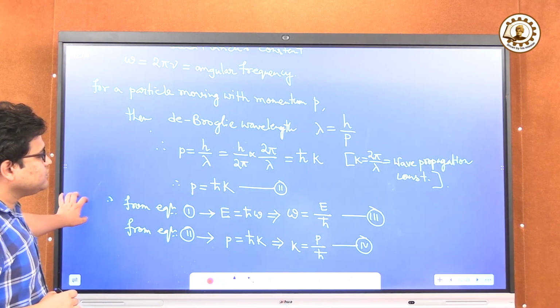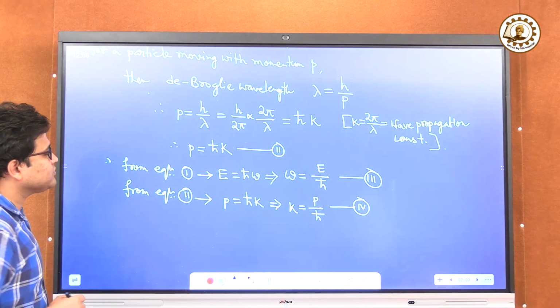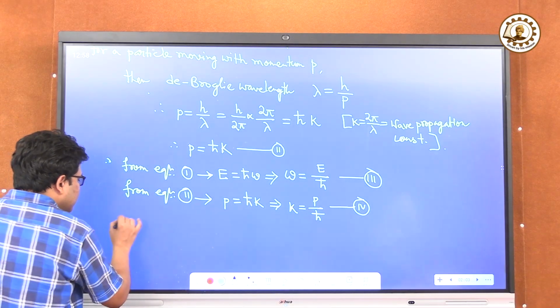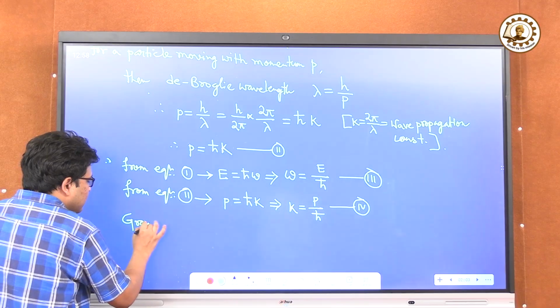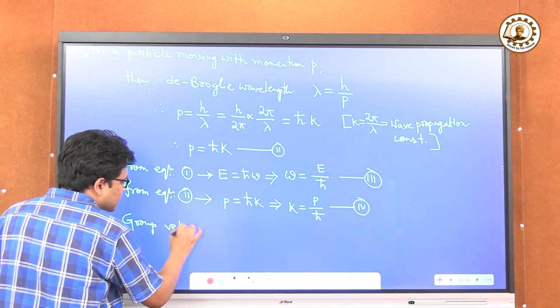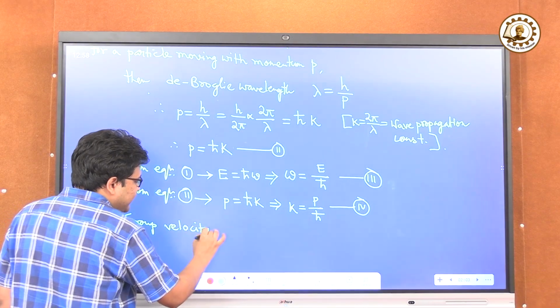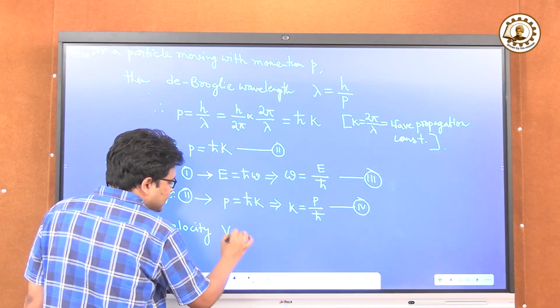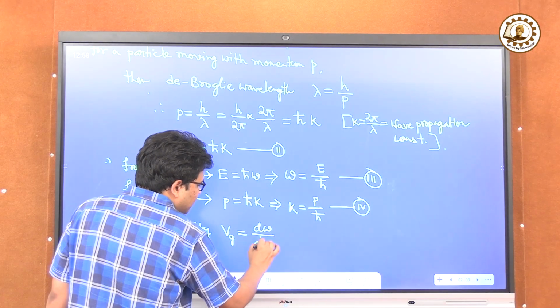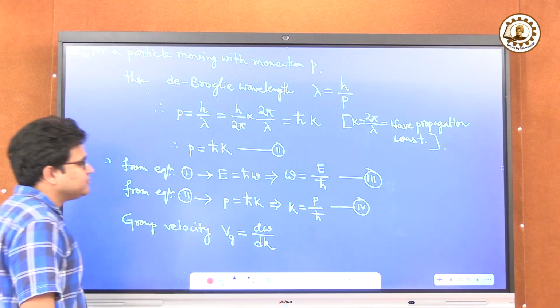Now let's come to the definition of group velocity, which is basically denoted by V suffix g, that is d omega by dk, right?